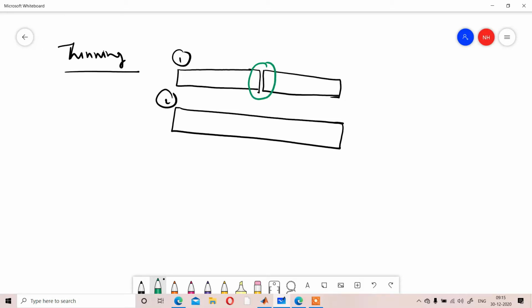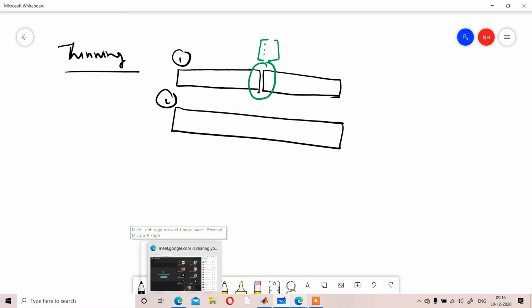If we consider a very large image, and that gap consists of a single pixel, it is not visually detectable. So if we see image 1 and 2, you can see that these two images are exactly the same. Suppose the height and width of both images are exactly the same. One image has a single gap of a single pixel, another image doesn't have. So visually, whenever you view that, you will not be able to see that gap.